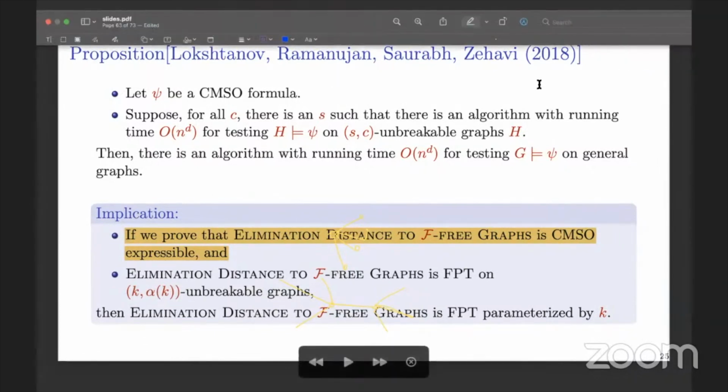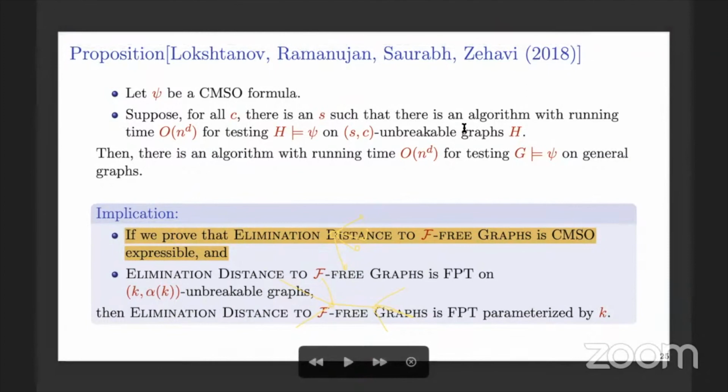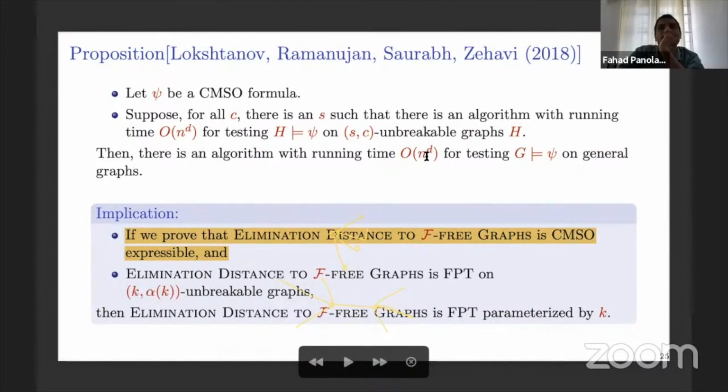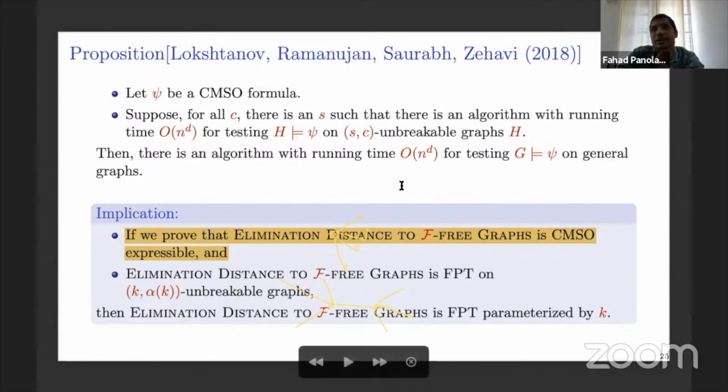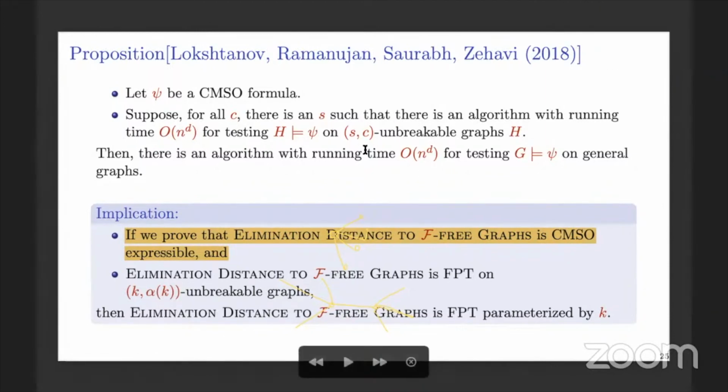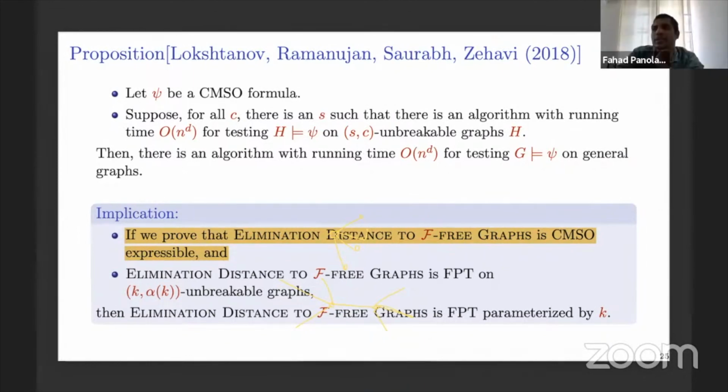Because for F minor, even for deletion distance, you don't have uniform, right? For F topological, okay, let me see. For F minor, you just use Robertson-Seymour, right? Deletion distance, yes. No, there is a uniform algorithm.